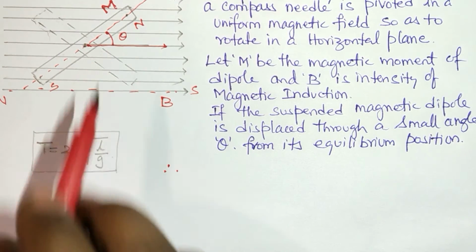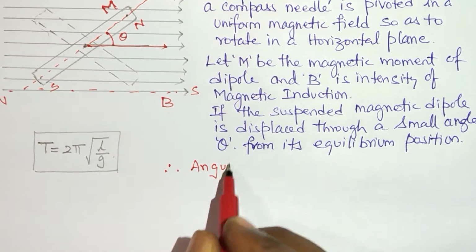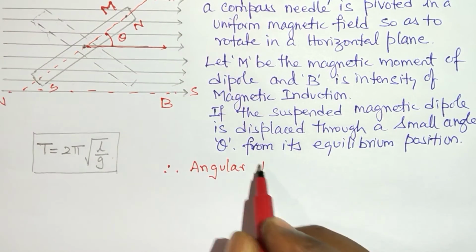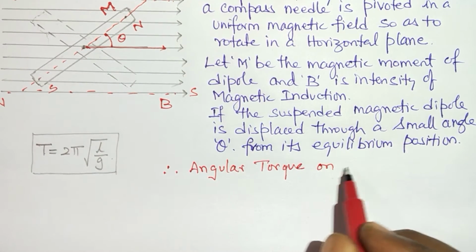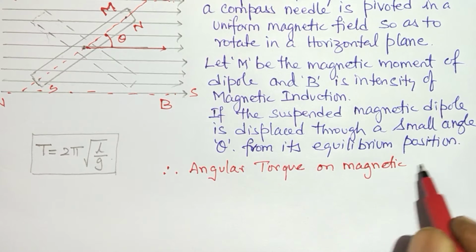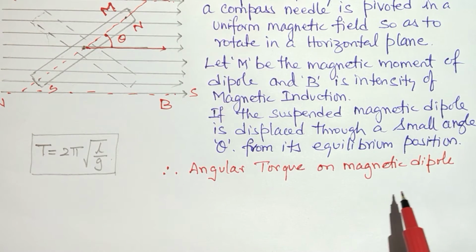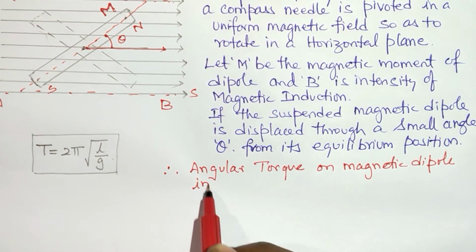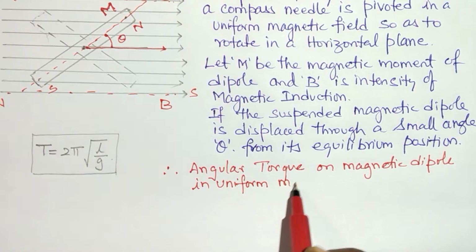Since it is making an angle theta, I will write it as the angular torque on a magnet or magnetic dipole. A compass can be called a magnetic dipole in a uniform magnetic field.